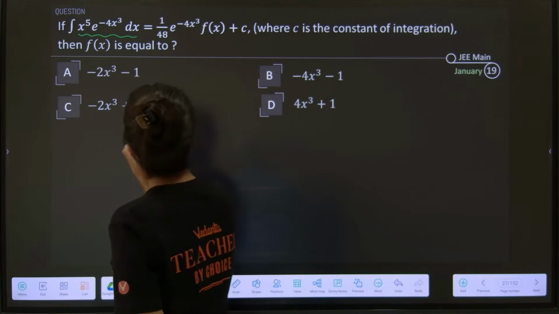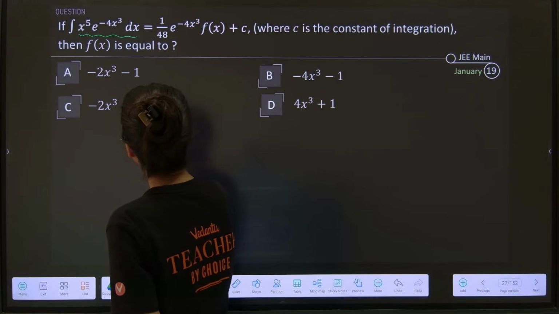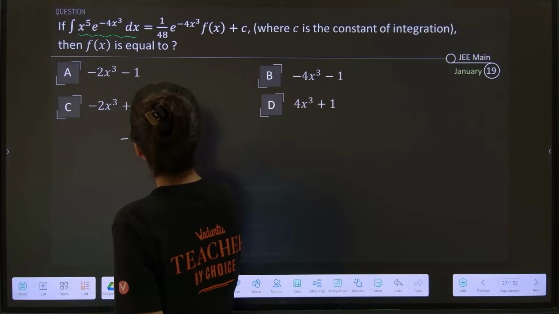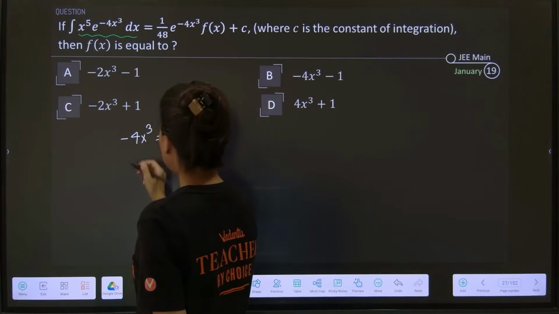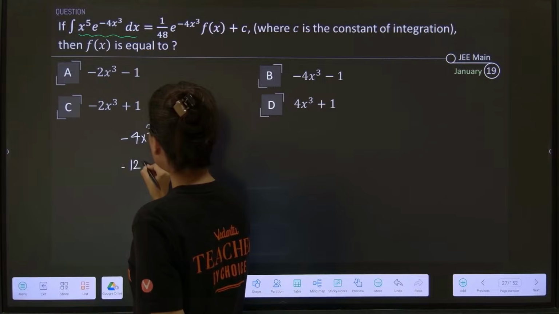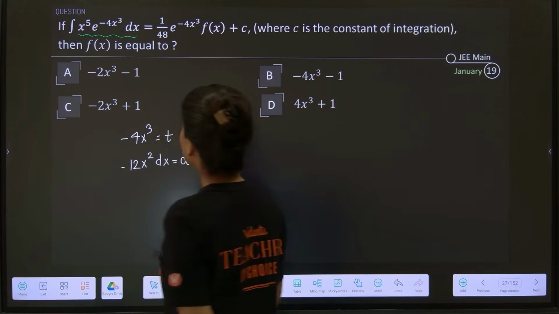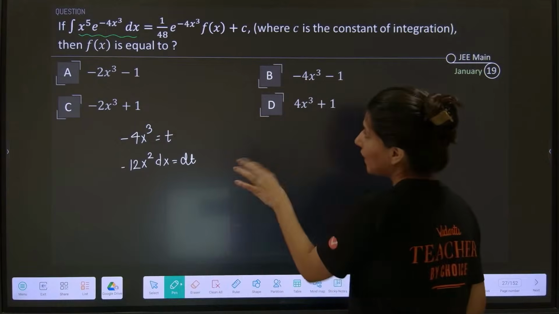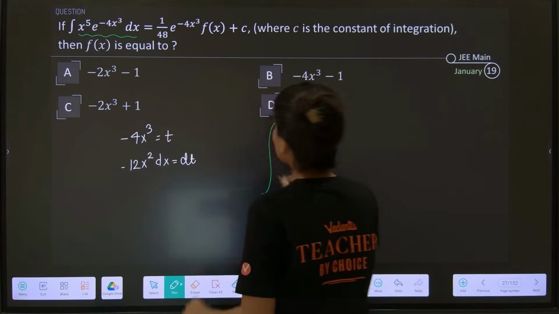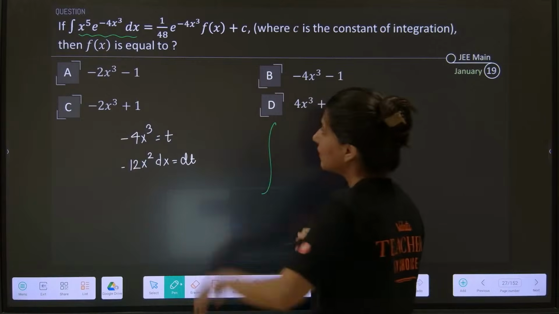Let's see. So if I put minus 4x cube is equals to t, what will happen? So ma'am, it will be minus 12x square dx will become dt. Now understand, I am going to write x power 5. X power 5 will be what?